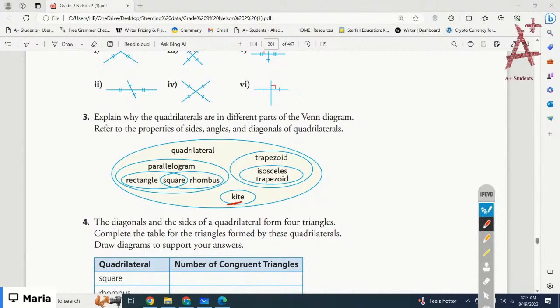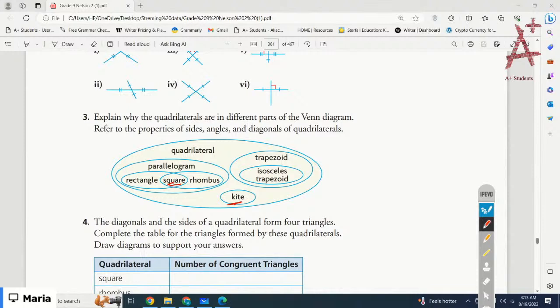Okay, for a figure to be a square, just look at the square. It is necessary to have two pairs of parallel sides and all sides to be the same length. Since a rectangle and rhombus also have two pairs of parallel sides, a square is also a type of rectangle and a type of rhombus, right? So square is a type of rectangle and rhombus.